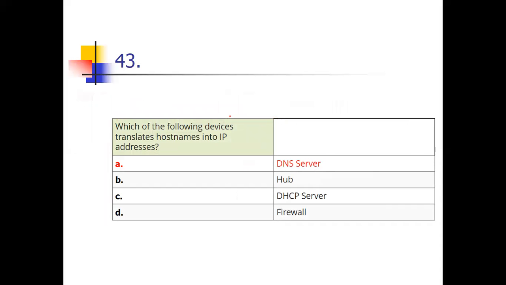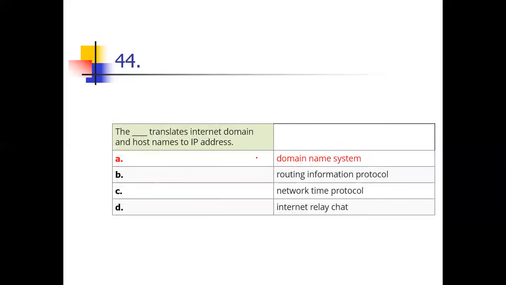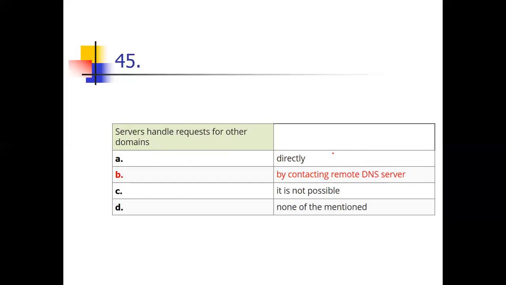Which of the following devices translates host names into IP addresses? That is done by the DNS server. Okay. And the domain name system translates the internet domain and host name to IP addresses. Whatever name you are getting, it will convert it to the IP address. Okay.